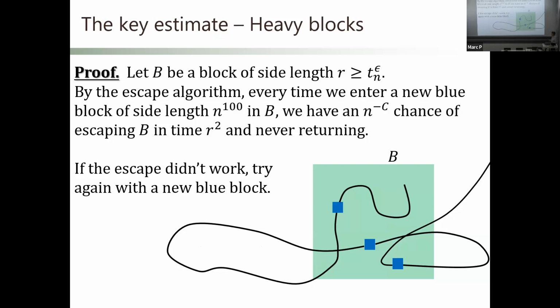So any block that's at least Tn to the epsilon will not be heavy with very high probability. Okay, so there's nowhere where the cyclic walk is going to have spent a long time around.